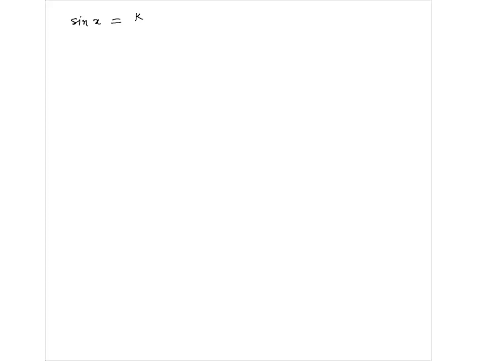Now, I can find one value of x, isn't it? Say, for example, sine x is half. x can have so many values, that's why we are discussing the general solution.